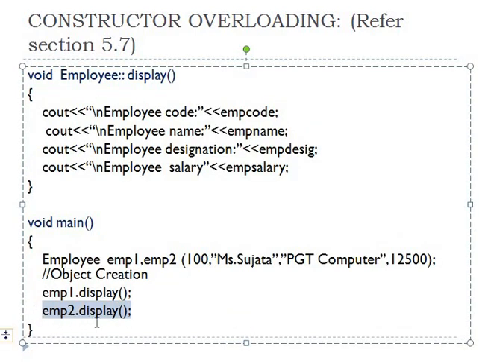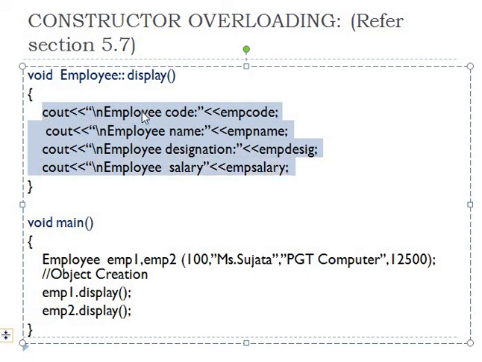Now on executing this particular statement, with the object emp2, it tries to invoke the member function display. So from here the control is going to move to the called function over here, and then execute its body, that is this portion.